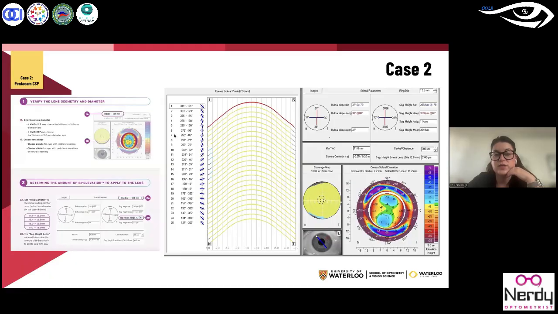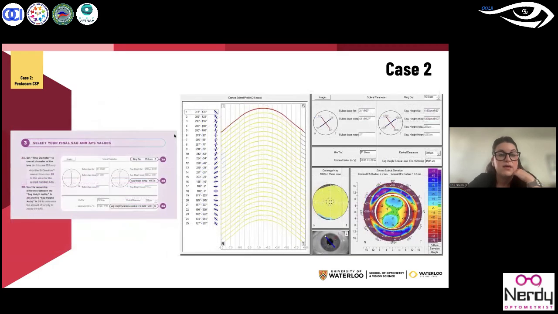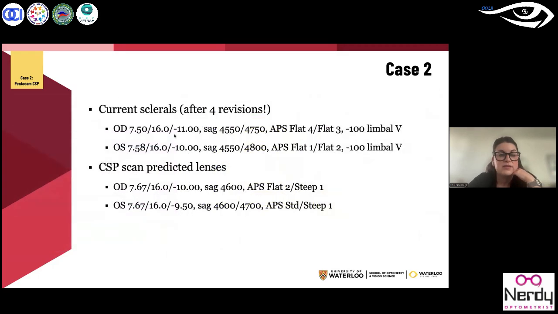We specifically went to the CSP in this case because with this dry eye patient, the fluorescein just drained like crazy. So we ran that, and here's a comparison of the lenses that we had her in and then what the scan predicted.